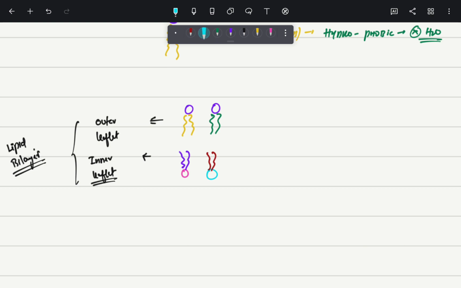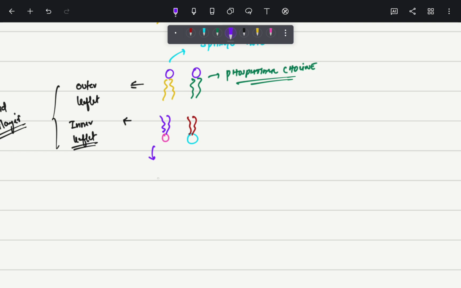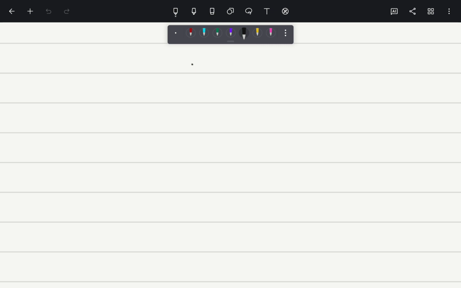In the outer leaflet, there are mainly phospholipids such as sphingomyelin and phosphatidylcholine, whereas in the inner leaflet we have phosphatidylserine and phosphatidylethanolamine. Once again I will summarize.